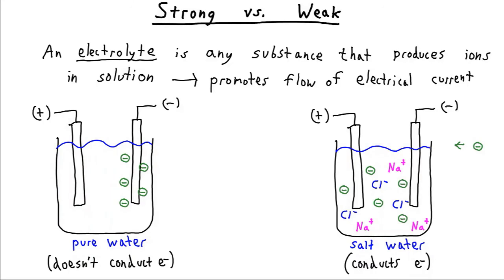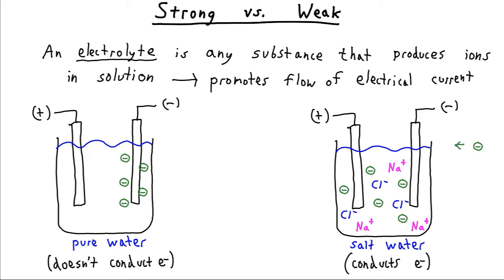The substances we've been considering that produce ions in solution, whether it's the acids or the bases or the soluble salts, are called electrolytes. Electrolytes have the feature that if you add them to water, they will make water conduct electricity. Now, by default, pure water with no ions in it does not conduct electricity.